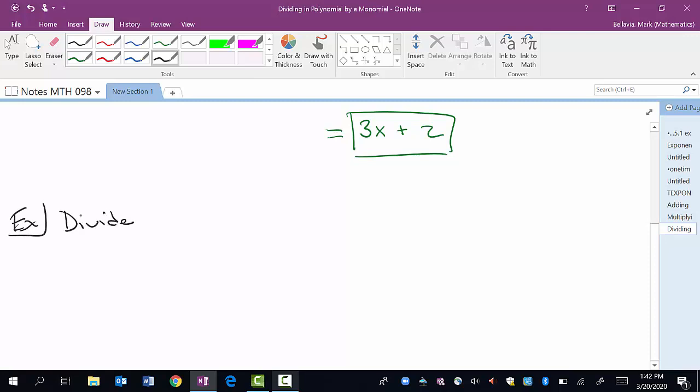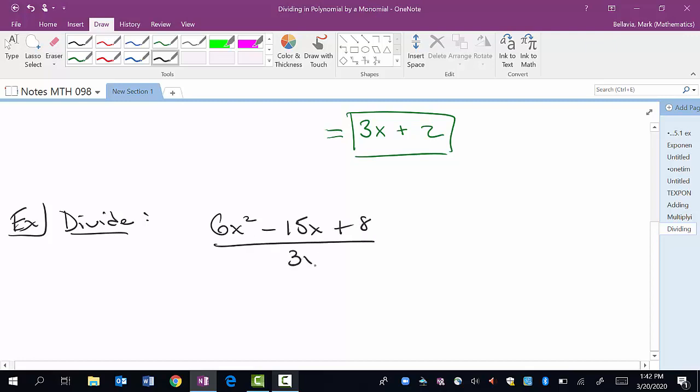So the directions here say divide. You may see perform indicated operation. You should know if you see a fraction that means division. But if I had 6x squared minus 15x plus 8, and I'm dividing this whole thing by 3x. So it's a polynomial divided by a monomial, a single term here in the denominator.